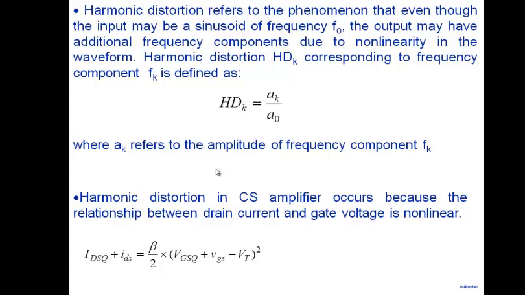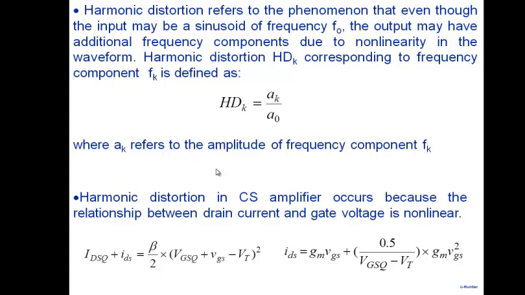So that's the fundamental equation, and one can rewrite this particular equation as IDS. I can simplify this and write it as IDS equal to GM VGS. Note that DC values are all in capital letters and sinusoidal values are all in small. So IDS is GM VGS plus 0.5 VGSQ minus VT GM VGS.